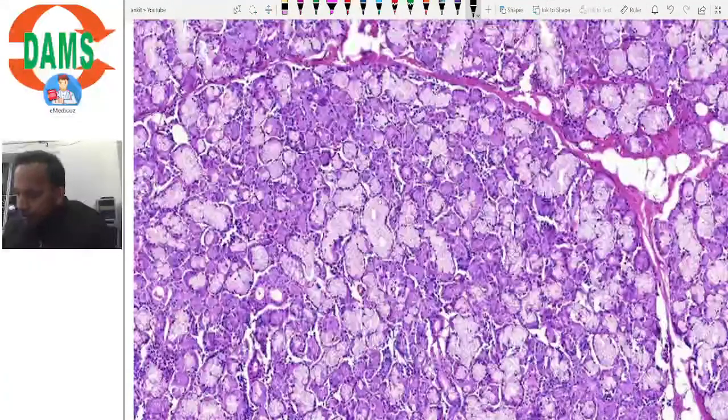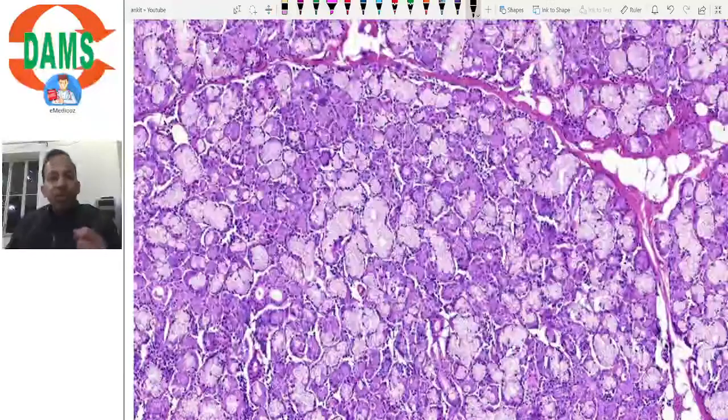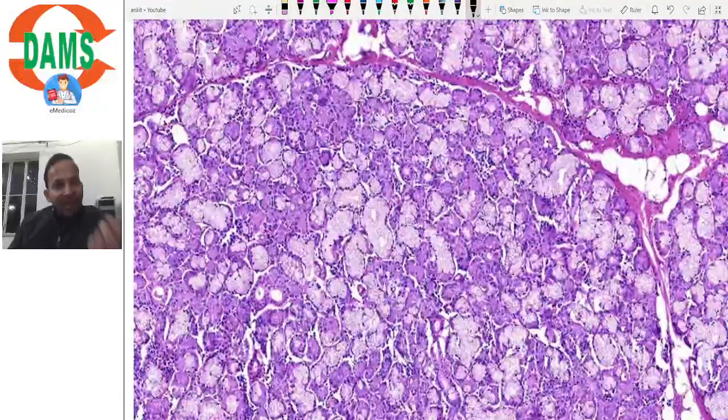As you can notice, the ones that are lightly stained are lightly stained because of the presence of mucin. The zymogen granules take up stain and stain more brightly. So all the tissue that appears bright is serous acini, and the acini that appear light are mucous.